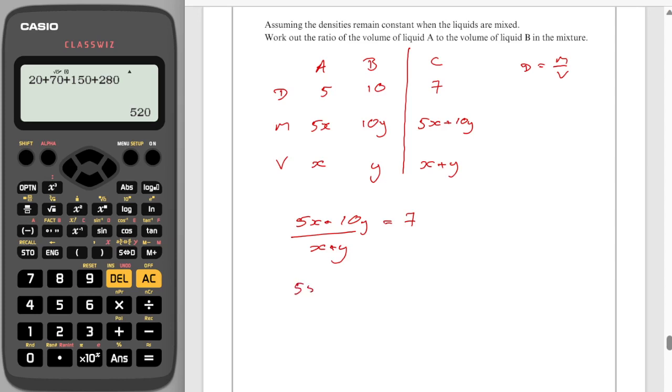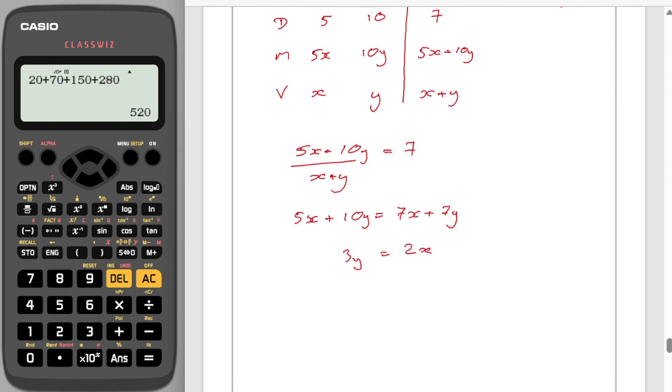So I know that 5x plus 10y is equal to 7x plus 7y. And then I'm going to take my y's to this side, my x's to this side. So that gives me 3y is going to be equal to 2x.